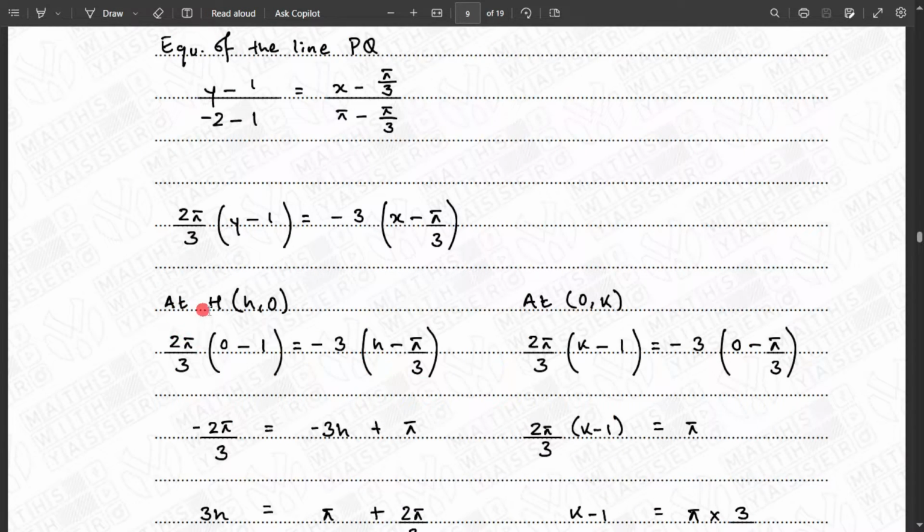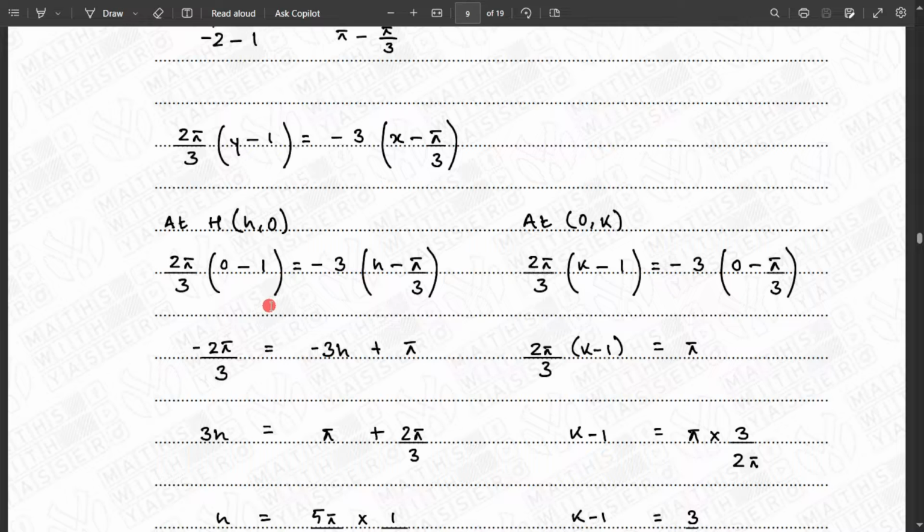So at h, which is (h, 0), we now have the equation of the line PQ. We simply need to substitute this coordinate in this equation, because this coordinate lies on the line. So this will give us negative 2 pi by 3 equals minus 3h plus pi.